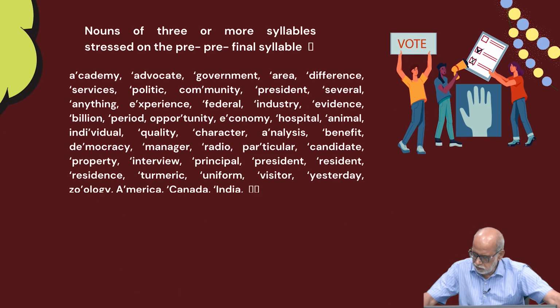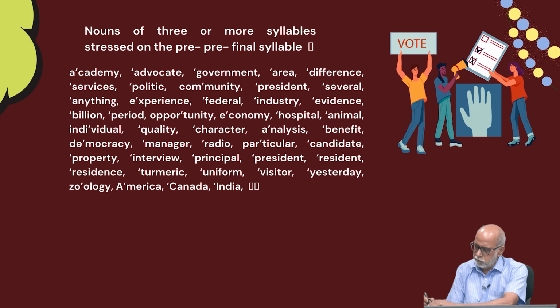Let us look at nouns of 3 or longer syllables, but you will notice that most of these nouns take stress on the third syllable from the end, on the pre-final, or they use a Latin term in teachers' grammars.